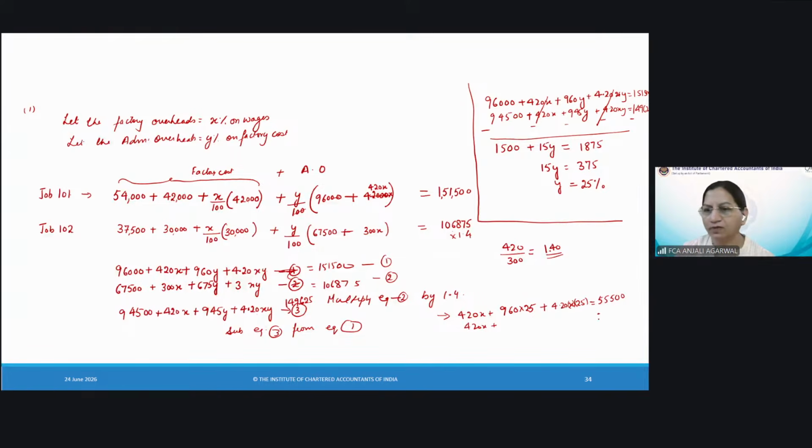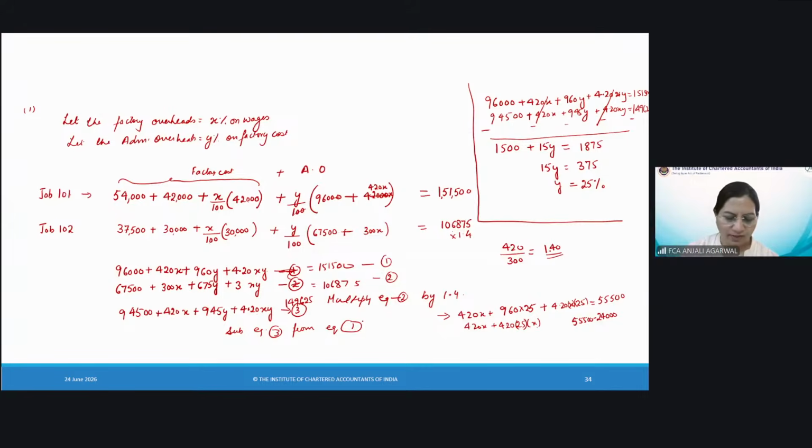This 24,000 will also go here. 55,500 minus 24,000 plus 4.20 into 25x.